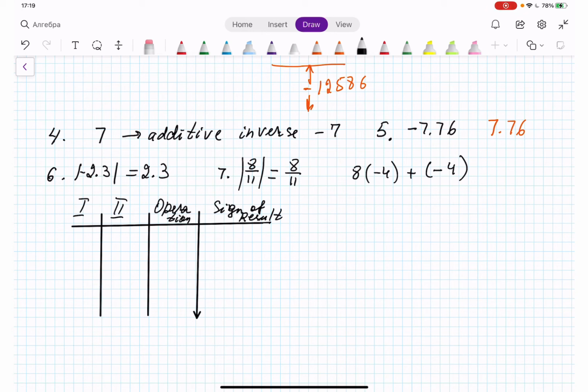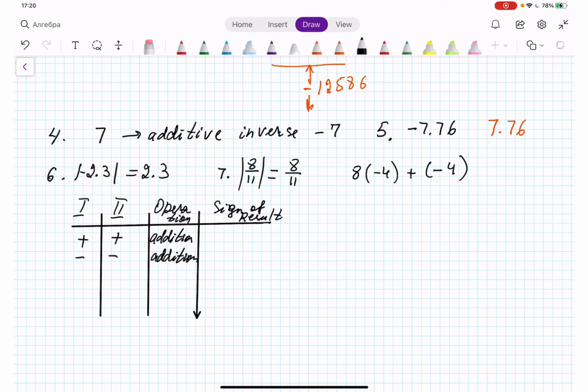Okay, let me start. So if both signs are positive or both signs are negative, the operation we do is addition. In both cases we are adding. And the result, if both terms are positive, there is nothing to choose.